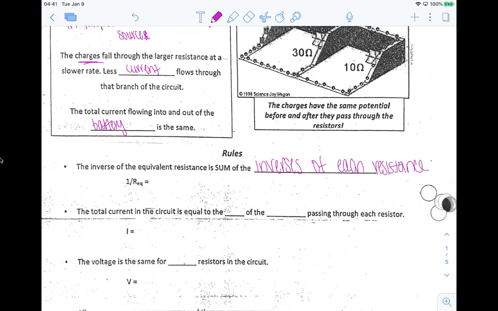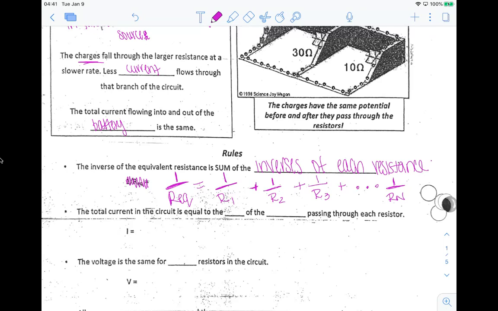So 1 over Req is equal to 1 over R1 plus 1 over R2 plus 1 over R3, all the way up to 1 over Rn, where n represents the total number of resistances that we have.